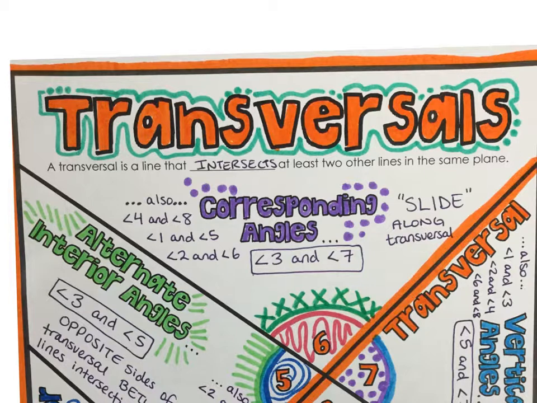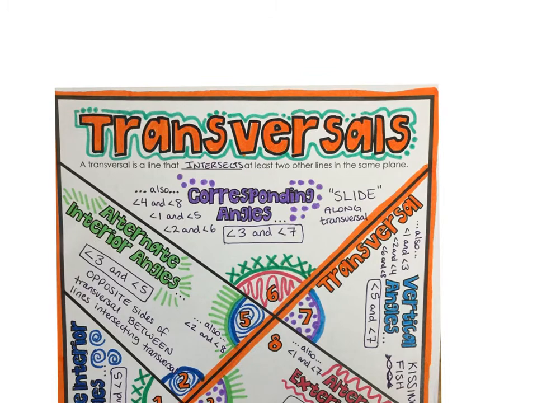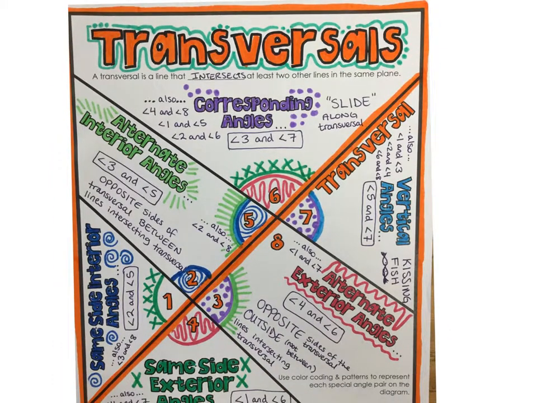So a transversal is a line that intersects at least two other lines in the same plane. If we take a general look at our diagram here, this is our transversal line. It intersects these two lines here.